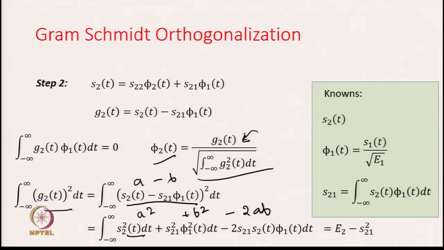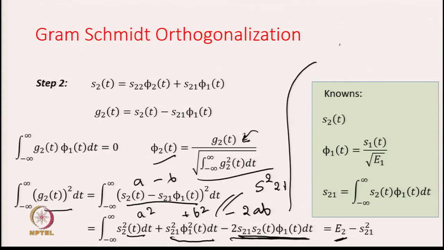So, this quantity we know is E 2. E 2 stands for the energy of the second signal in consideration. We already know how to work this integration out. This, even by look, you should be able to tell that this should be nothing but s squared 2 1, and this expression.